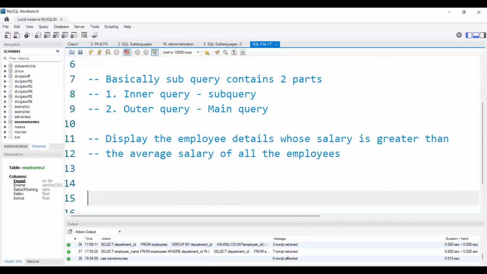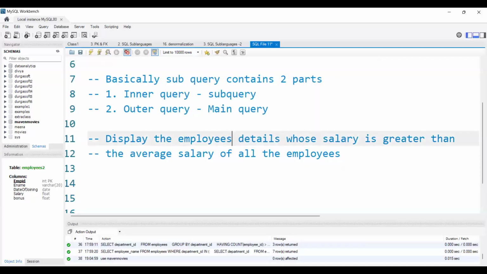So this is my question. I'm saying display the employee details whose salary is greater than the average salary of all the employees. Okay, this is one question.